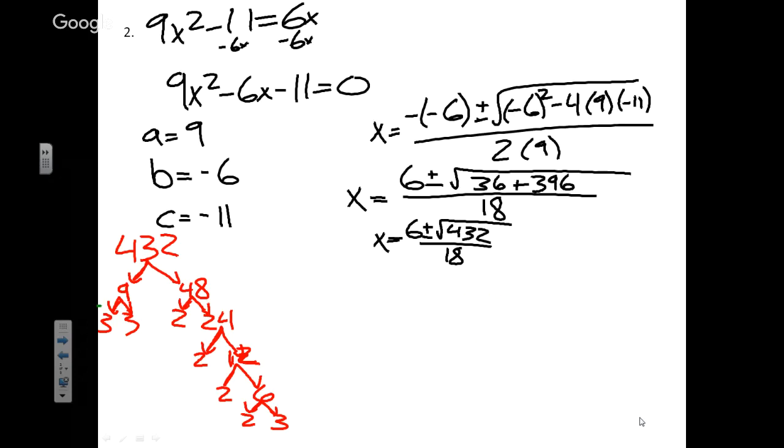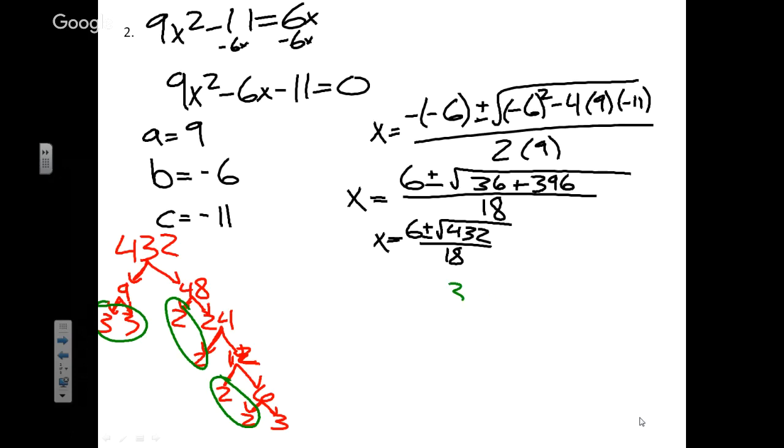So we have this pair of 3. We have this pair of 2. Then we have this pair of 2. So then when we're breaking this down, we can bring out a 3, a 2, and a 2.